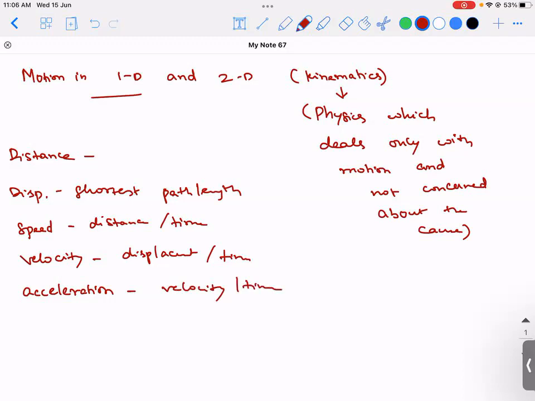So when you talk about speed, you write it as distance traveled by the object divided by t, d divided by t, which we'll call v itself. Similarly, velocity is represented with the symbol v, and you can write this as s divided by t. There are 2 types of velocity: average velocity and instantaneous velocity.